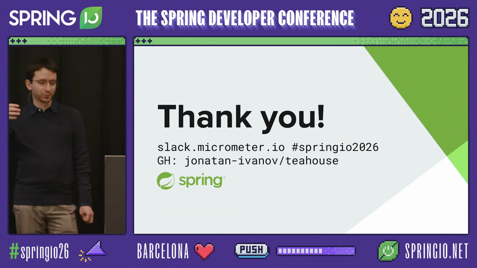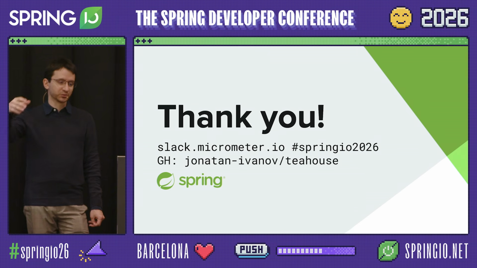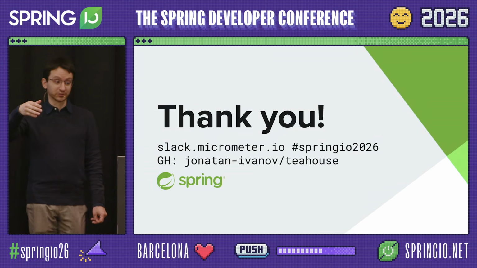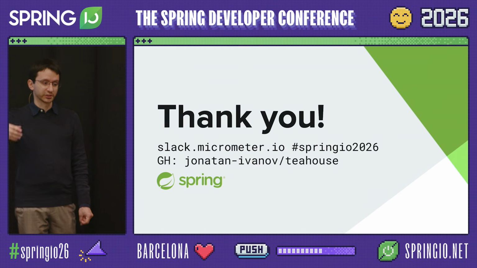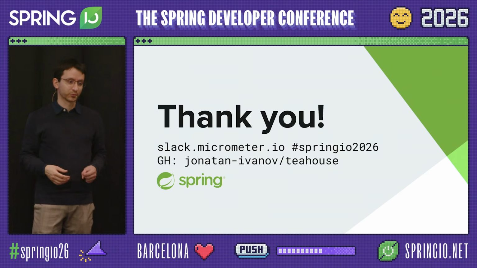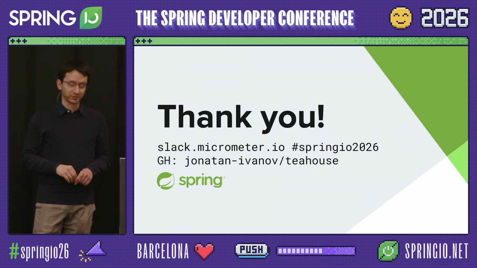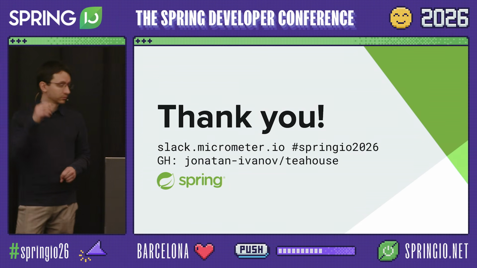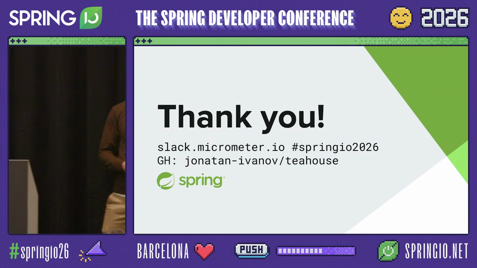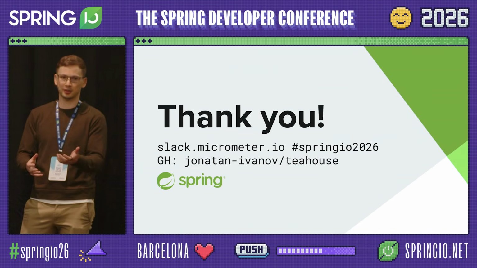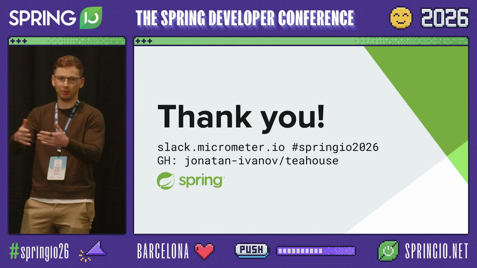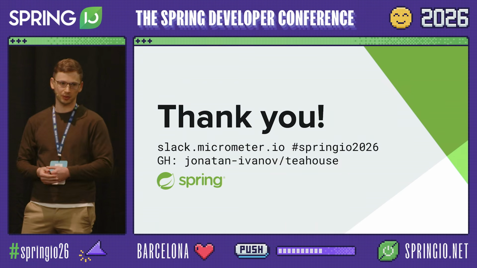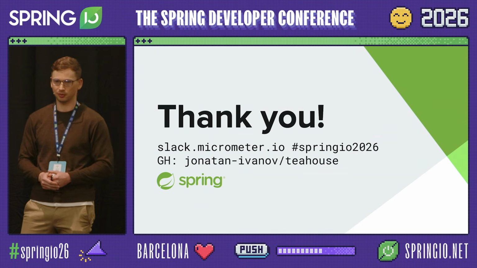If you have support for a certain library that uses the observation API, then it doesn't matter what tracing library will be used under the hood. You will get instrumentation out of the box for that component. This is sort of the point of the facade of using Micrometer, both the observation API and Micrometer Tracing: if you're instrumenting with that, it doesn't matter what the underlying tracer is so much, because you can swap them out and you should have equivalent functionality.